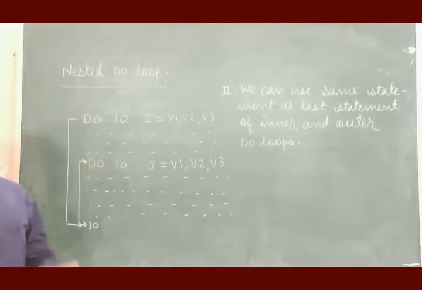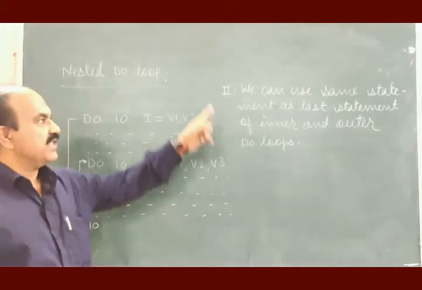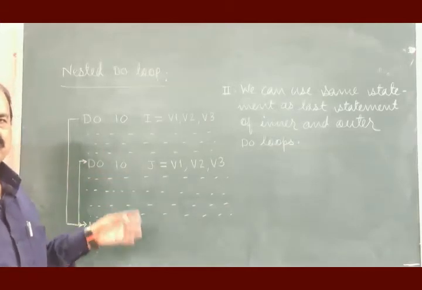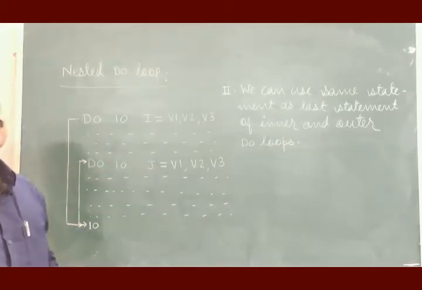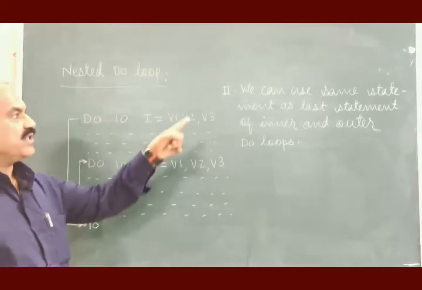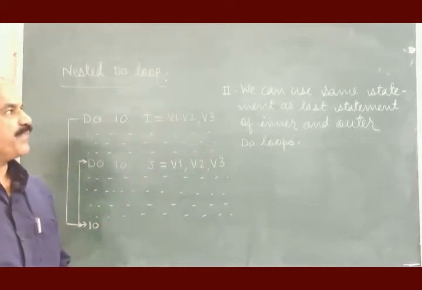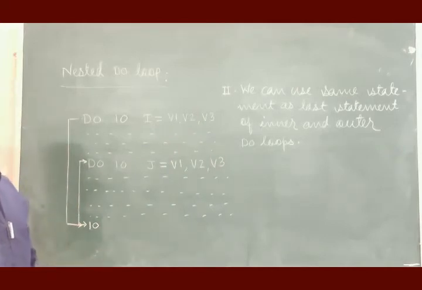This type of structure of nested do loops is allowed by the second rule. That is, we can use same statement as last statement of inner and outer do loops.